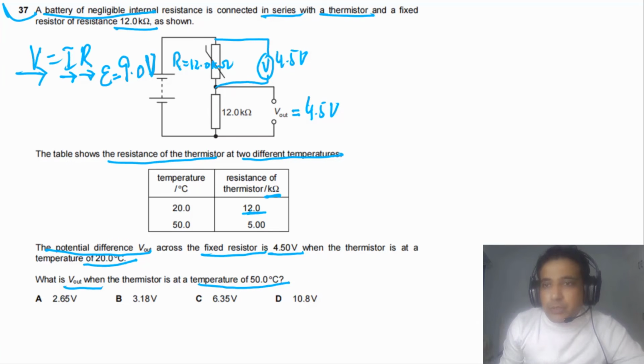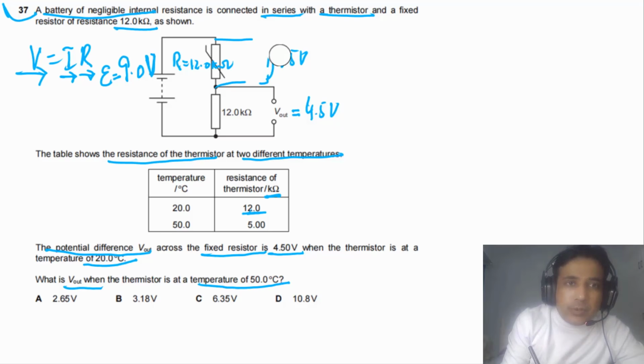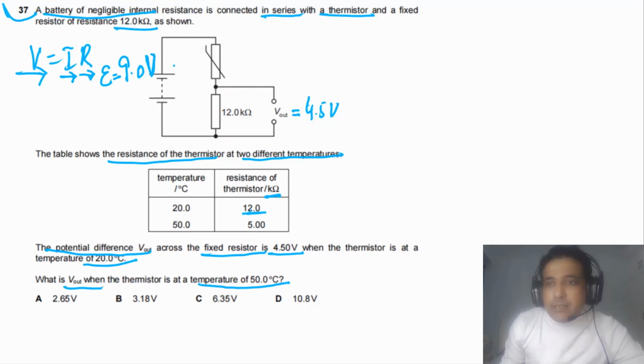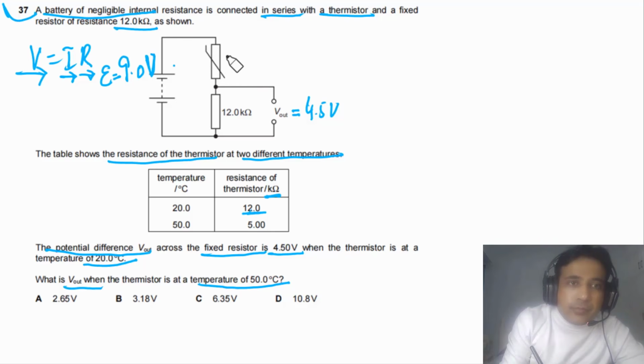So we can clean this now and we can write down next case. For the second case, it is given to us at temperature of 50 degrees Celsius. At temperature of 50 degrees Celsius, resistance of thermistor is equal to 5 kilo ohms. So we can say this is 5.0 kilo ohms.